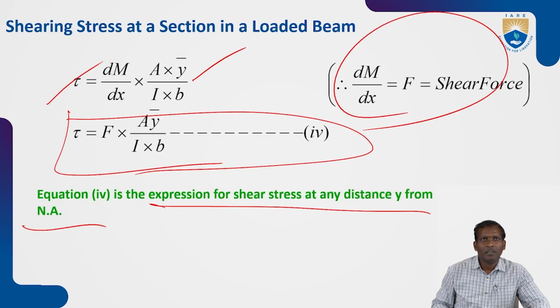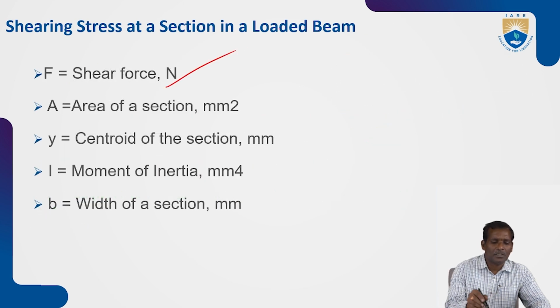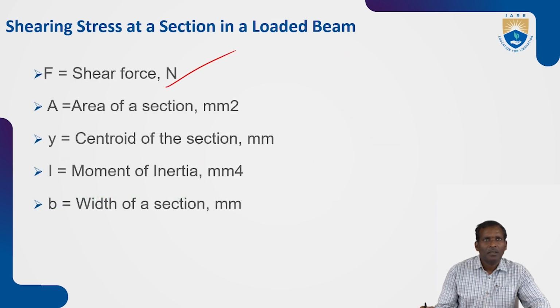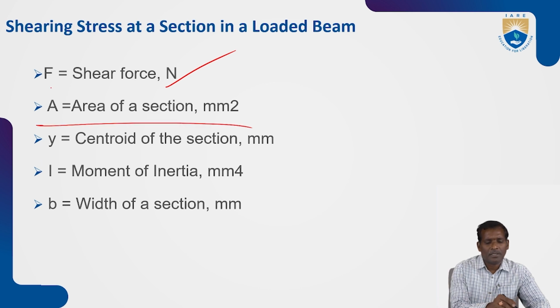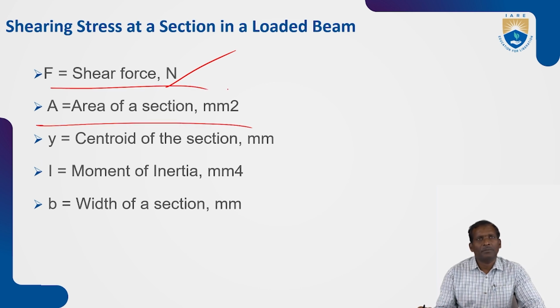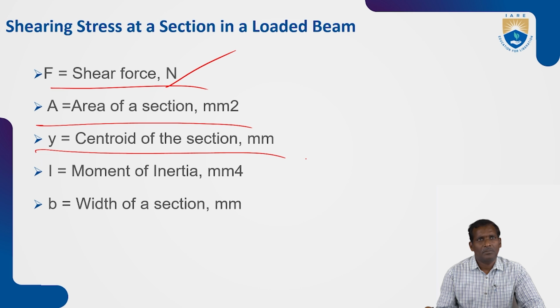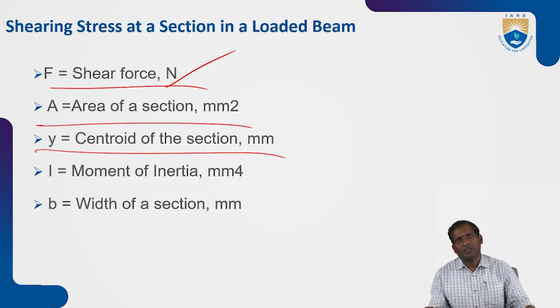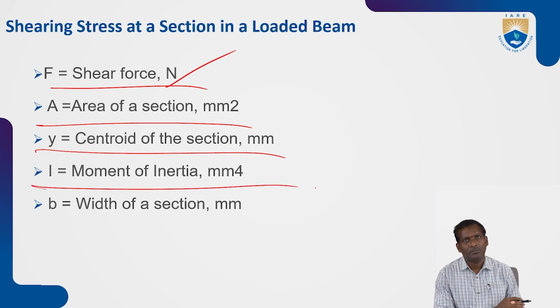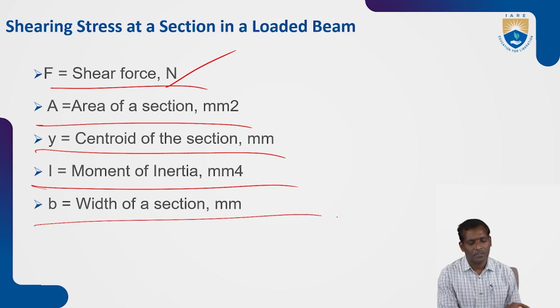Here, F is the shear force in newtons, A is the area of the section in mm squared, y bar is the centroid of the section, I is the moment of inertia in mm to the power 4, and b is the width of the section.